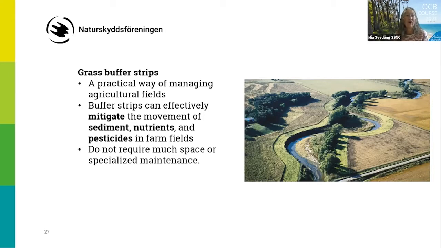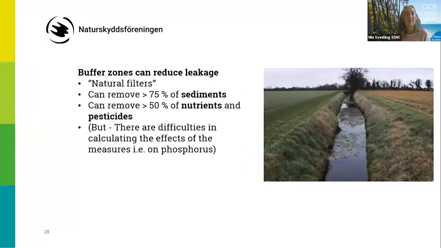And they do not require much space or specialized maintenance. So it's a really simple and a very powerful measure. So buffer zones can reduce leakage, and as I said before, they function as natural filters.